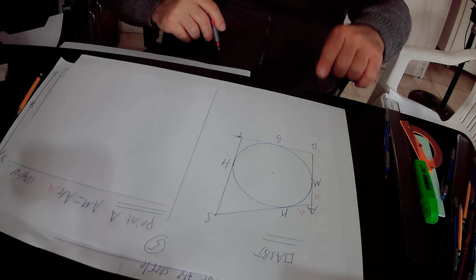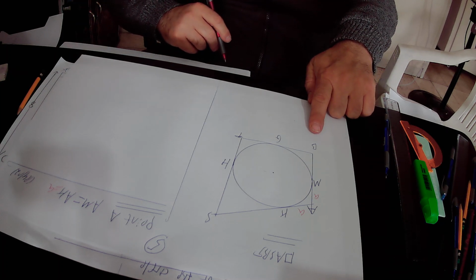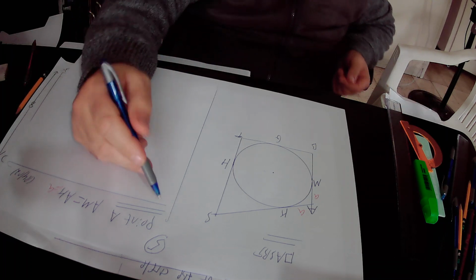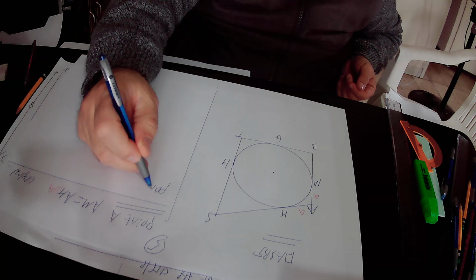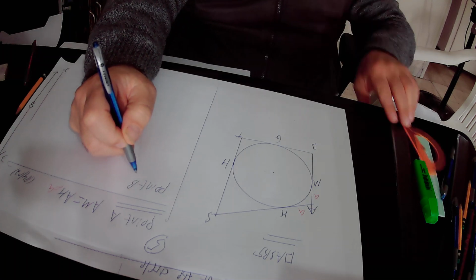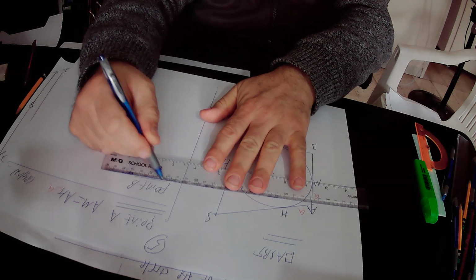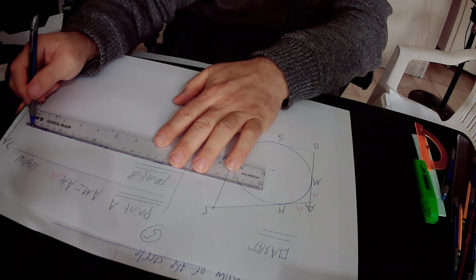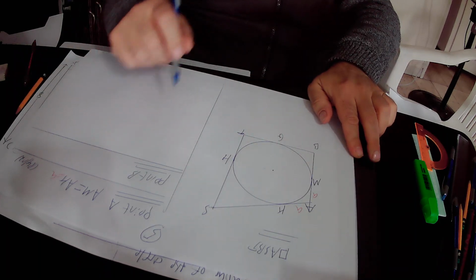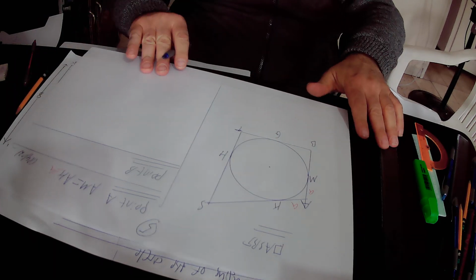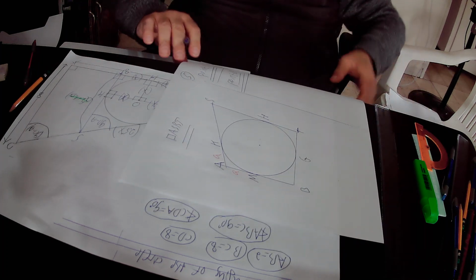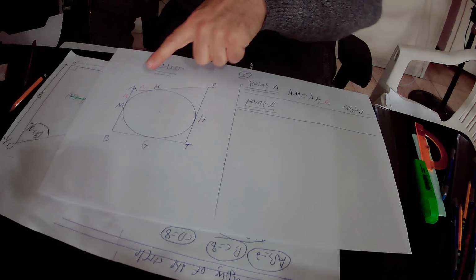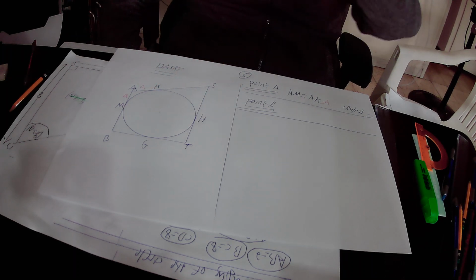In the next step, we will focus on this common external point, point B. From the common external point, point B, we have two tangents to this circle, tangent BM and tangent BG. And according to rule 2, they are equal to each other.